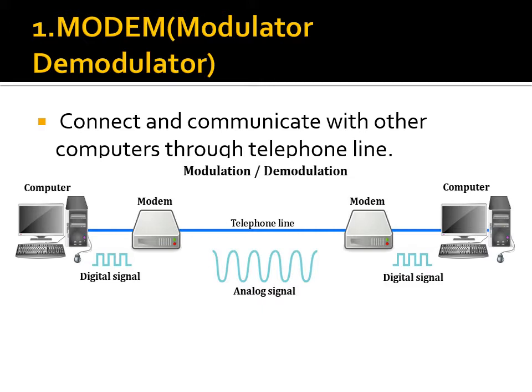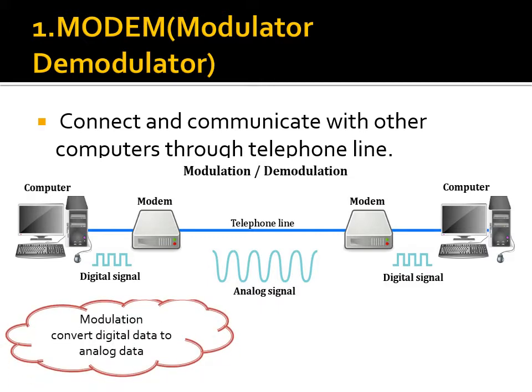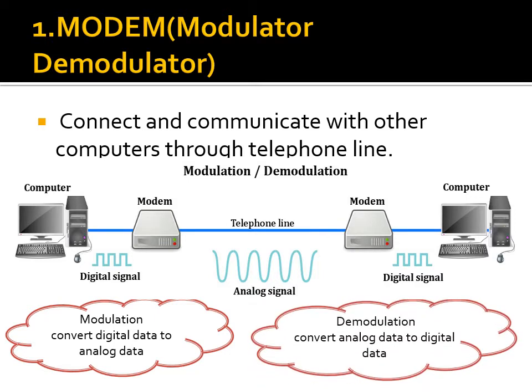The data is only transmitted in signal format. So a modem has two processes, modulation and demodulation. Modulation means converting the digital data to an analog signal on the sender side. Demodulation means the opposite: converting the analog signal to digital data on the receiver side.